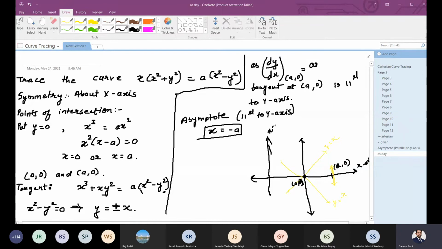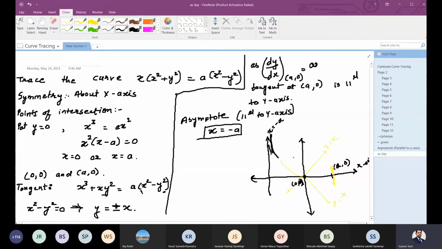This is x equal to minus a, a line here. Now let's join everything. What do we mean by an asymptote? Asymptote is nothing but the tangent at infinity. So at infinity, my curve is near this line x equal to minus a. So the curve must start from here. And then my curve is intersecting the origin.